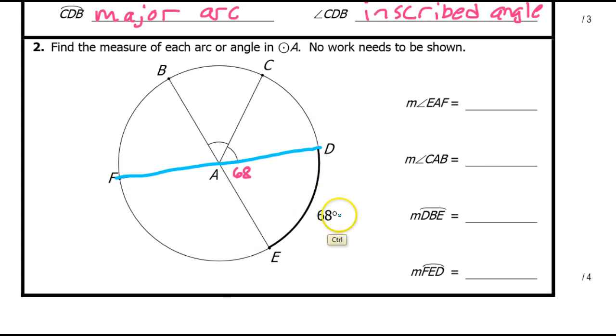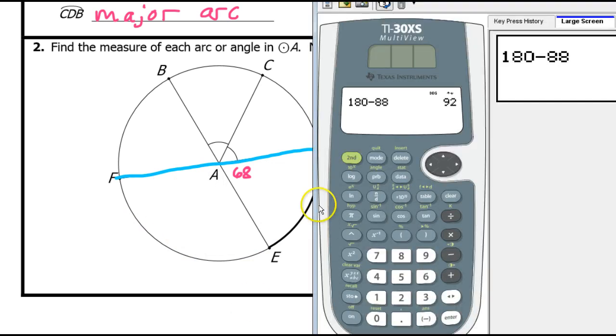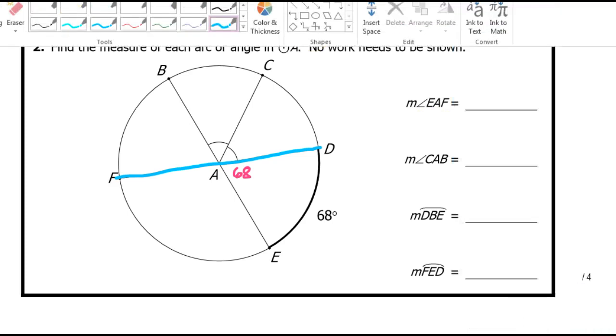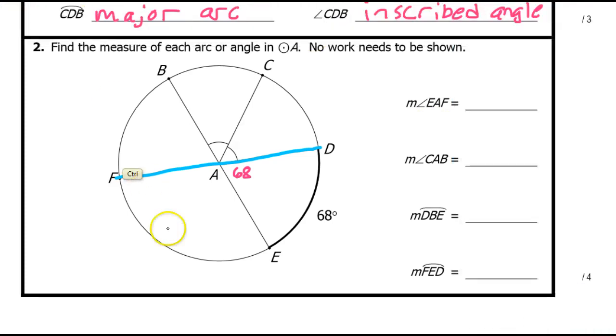So I should be able to subtract 68 from 180 to find this other part. 180 minus 68 leaves 112. So that means that this is 112 degrees, and this angle is also 112 degrees.